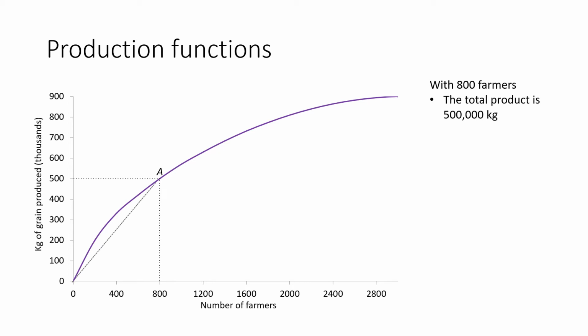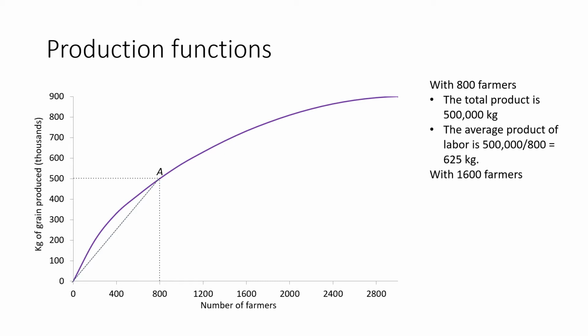Now, let us calculate our average product in this case. For our average product, we take our total product and divide it by our inputs. So in this case, our inputs are the number of farmers, and our total product is the amount of grain produced. At point A, we have 500,000 kilograms of grain. We divide that by how many laborers we used, and we get 625 kilograms as our average product.